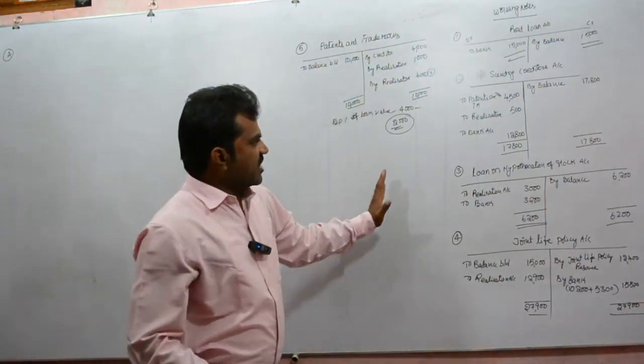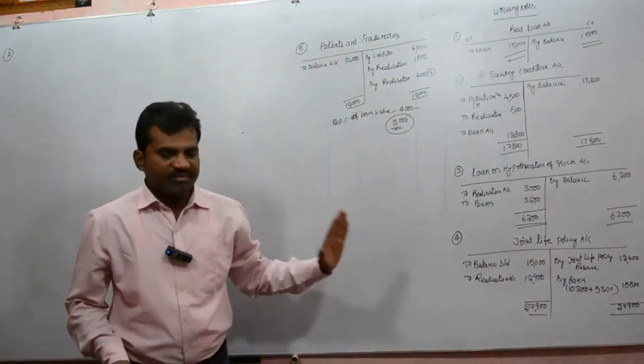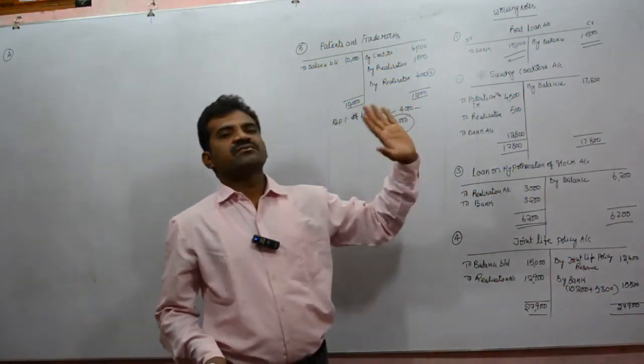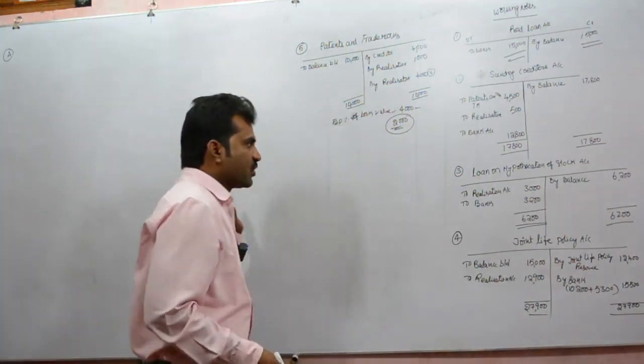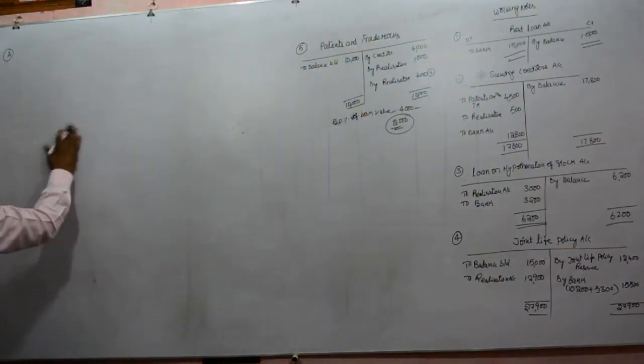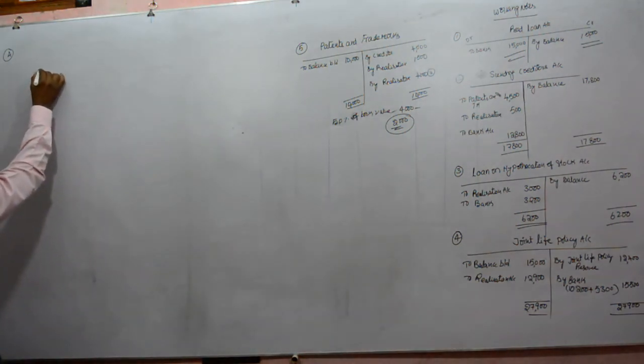Okay, take down this working notes, very important working notes in this problem. We have to work out the realization account based on this working notes. Take down this working notes and we will prepare realization account, cash account and partners capital account.